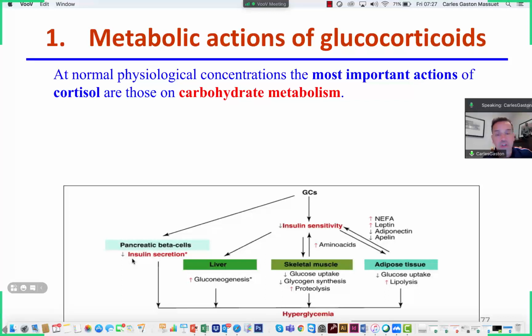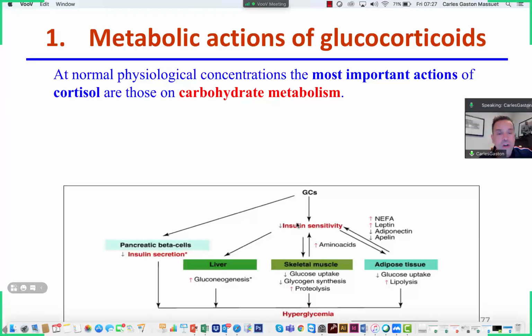But they also target the liver. In the liver, they produce more gluconeogenesis, so it's the novel formation of glucose. This will increase the levels of glucose in the blood.